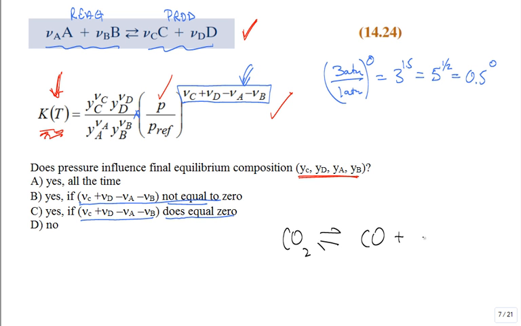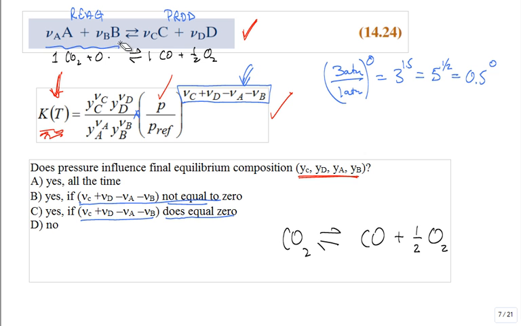And then to balance this out, I have to put something in front of this O2, right? So for this reaction, I'm going to line it up and we'll rewrite it up here. CO2, 1, 0, 0, to 1 CO, 1/2 O2. See that?